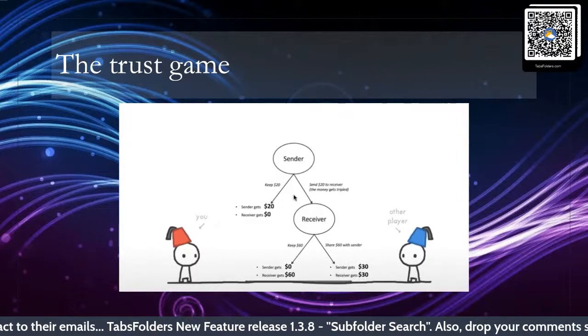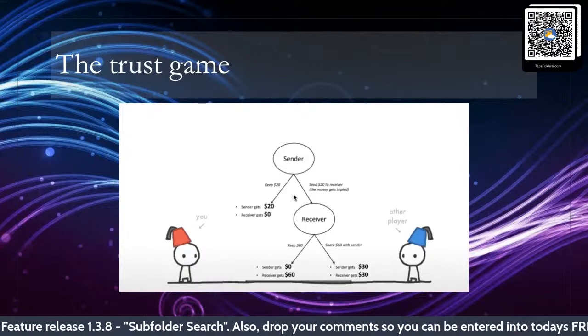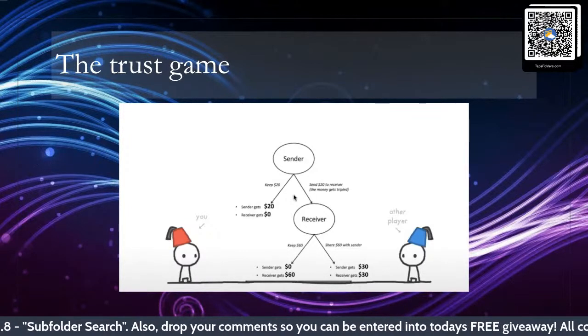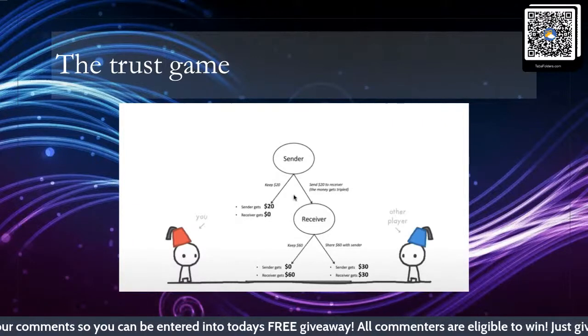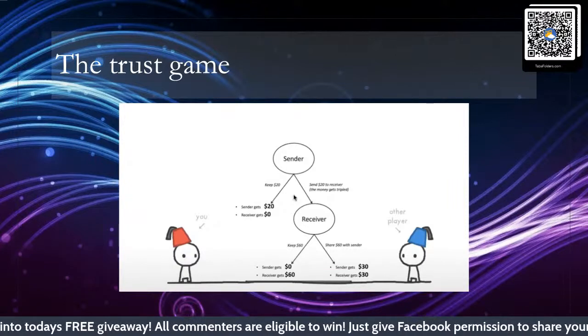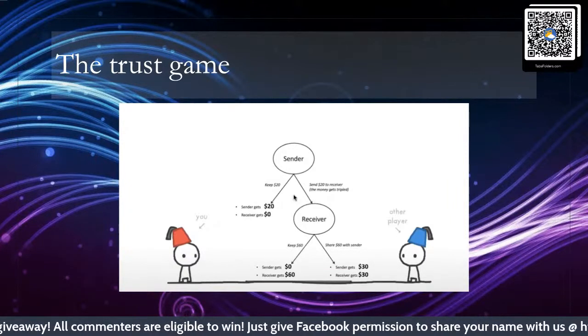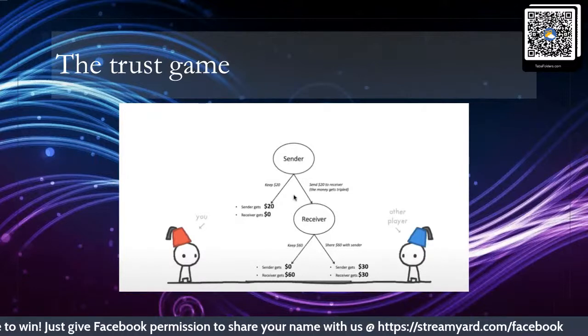However, studies point to the fact that surprisingly, a lot of people, up to, I believe, almost 50% from one study, will actually send the $20. So it's very surprising how people approach trust in various situations.